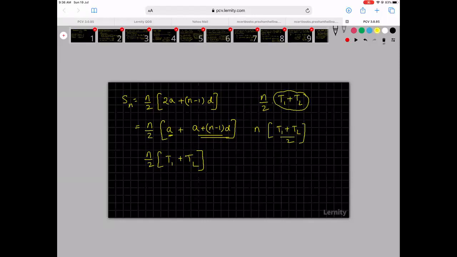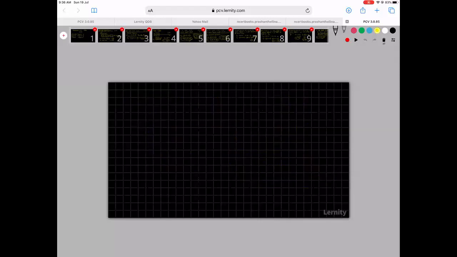Yeah, so now I can say it is number of terms into average of first term and last term. It is n into average of first term and last term.